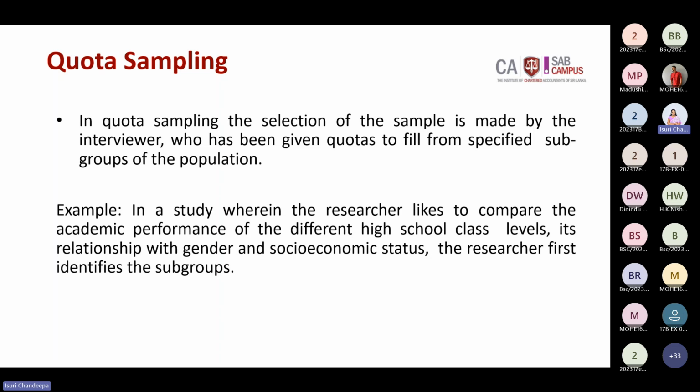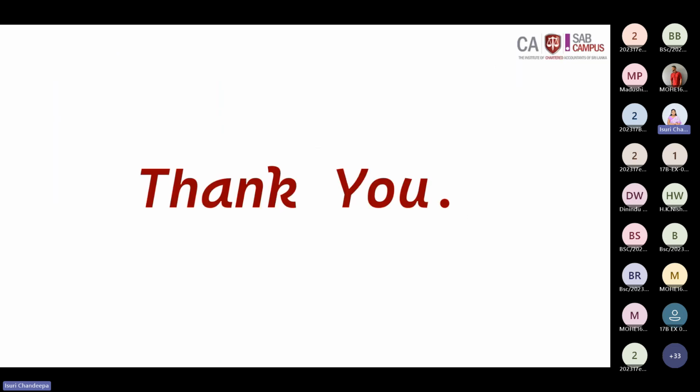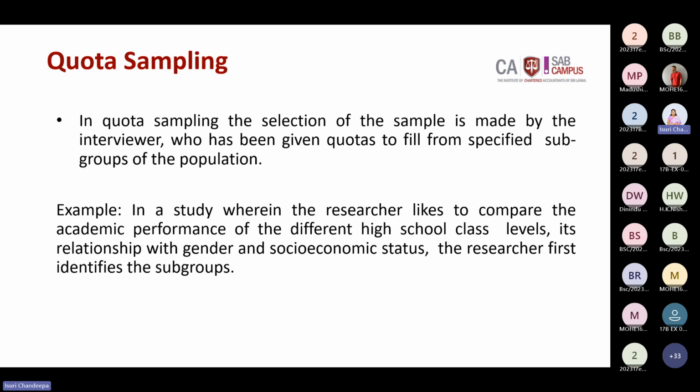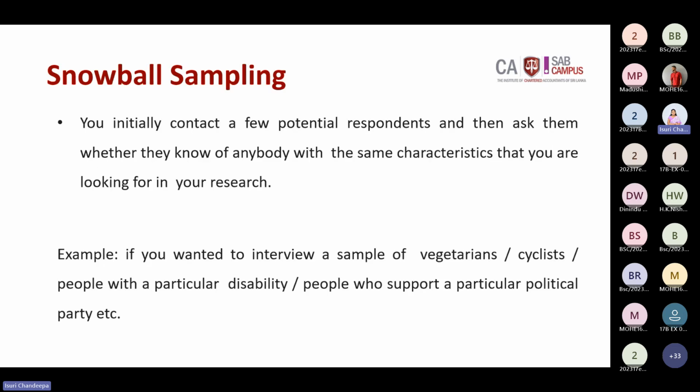So it is definitely a non-probability sampling technique. These are the techniques you need to study: quota sampling, snowball sampling, purposive sampling, and convenience sampling. Those are the four non-probability sampling techniques.